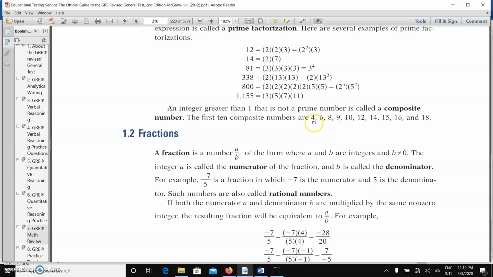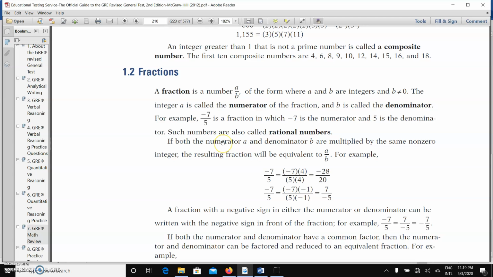For example, 4: 2 can divide it, 4 can divide it, 1 can divide it. The same goes for 6: 3 can divide it, 6 can divide it, 1 can divide it. So if you have another number that can divide it besides 1 and itself, that is composite. Composite means a mixture of something.